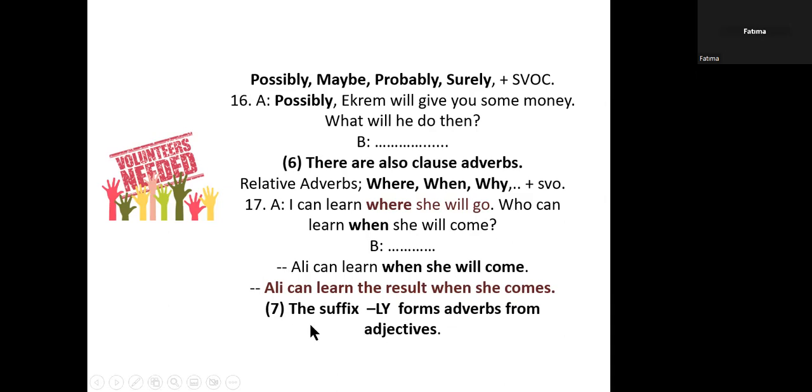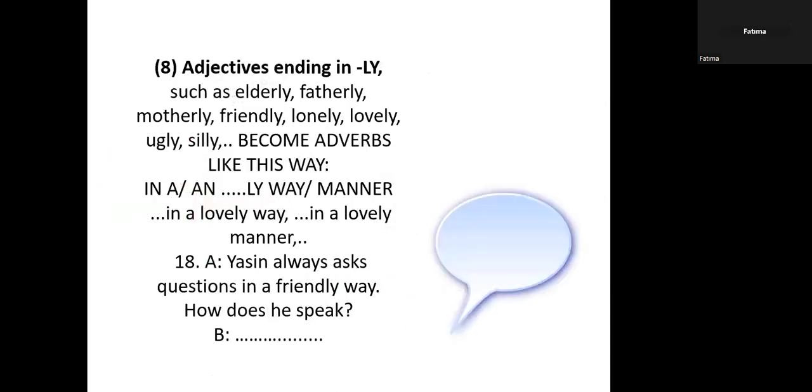Okay. 7, the suffix ly forms adverbs from adjectives. You know this, it is very famous, such as elderly, fatherly, motherly, friendly, lonely, lovely, ugly, silly. They become adverbs like this way, in an elderly manner. They are adjectives. Yes, they are adjectives, but they are specific. Sorry, yes, they are not adverbs. Elderly, fatherly, lovely. For example, Ayşe is a lovely girl.